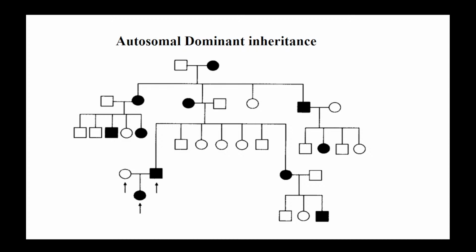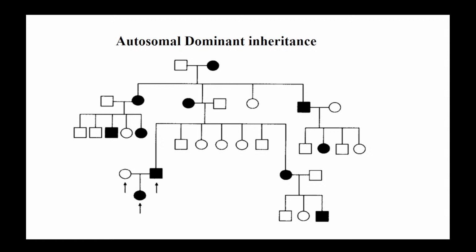So students, here you can see the pedigree of the autosomal dominant type of inheritance. You can see that the characteristic is present in each generation.